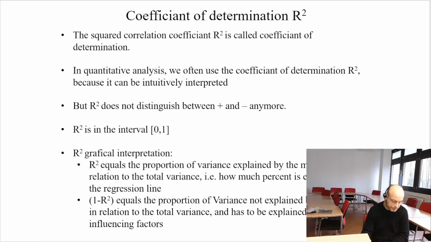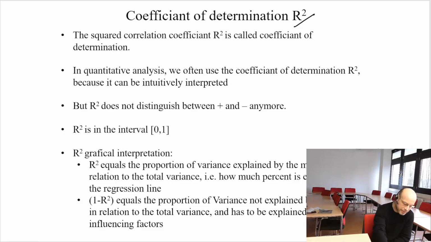Okay, here we have already seen that quite often we are not talking about the coefficient of correlation, but about the coefficient of determination, which is thus the squared coefficient of correlation. And we will see that the number which we have here, our 0.98 or 0.47, is very intuitively interpretable.